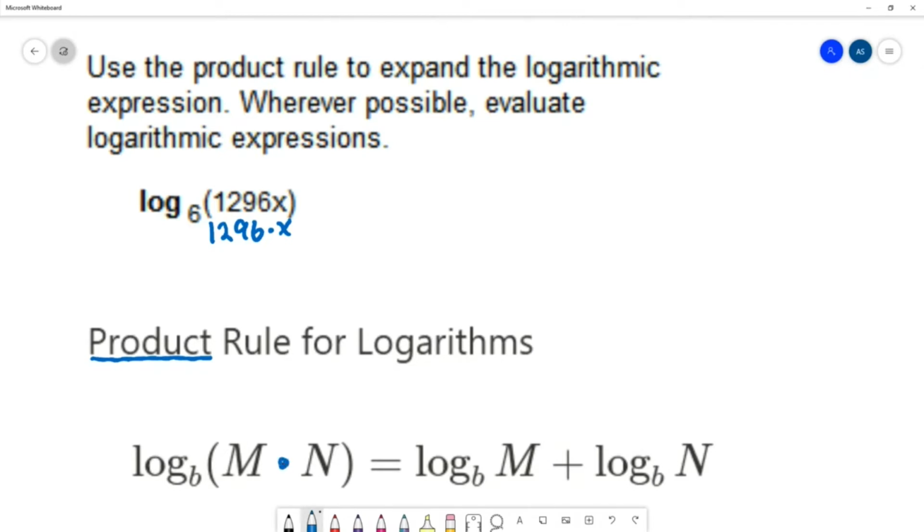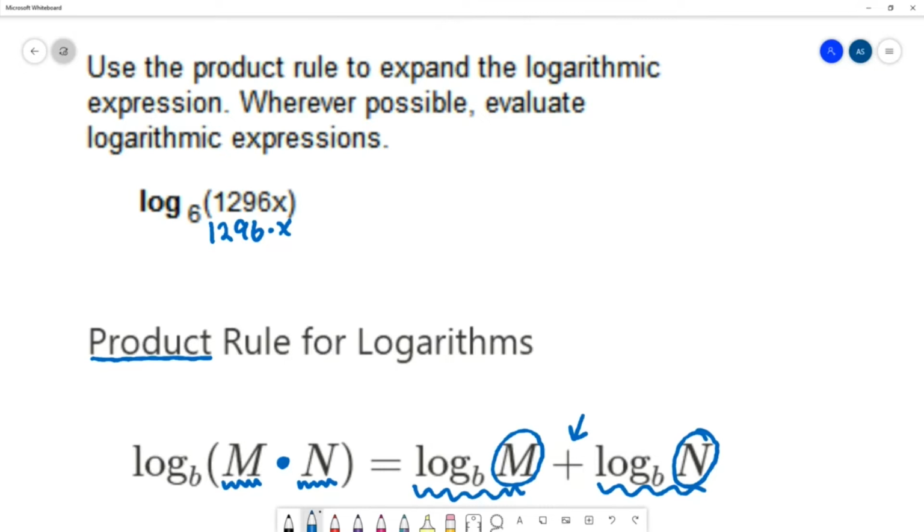When we have the product inside the logarithm, what we do is look at each factor, a factor of m and a factor of n, and that factor of m is inside a log, and that factor of n is inside a log. And we add those two together. So the adding is key to the product rule.